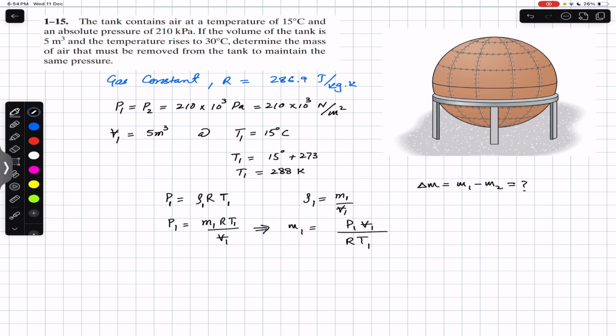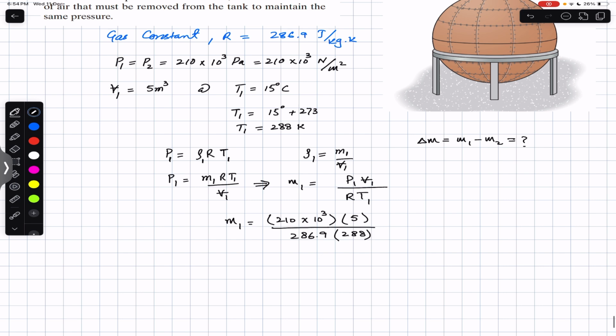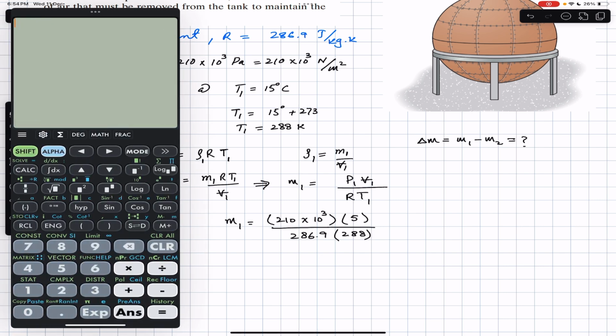So for M1, the pressure is 210 into 10 raised to power 3, V1 is 5 meter cube, divided by R, which is 286.9, into T1. So T1 is 288. This will give us the initial mass in the tank.